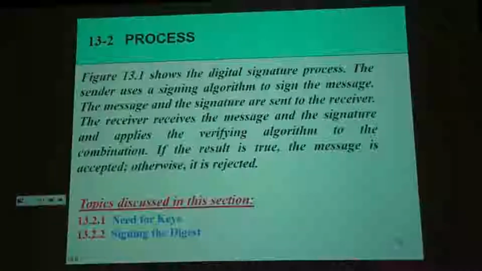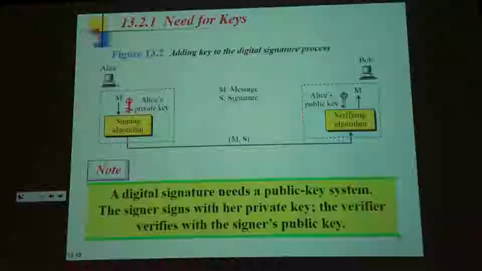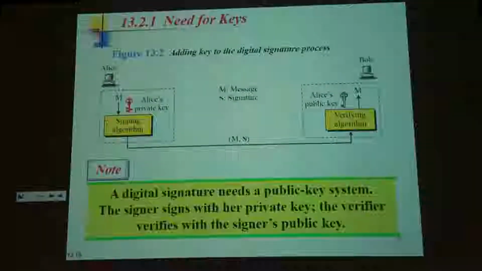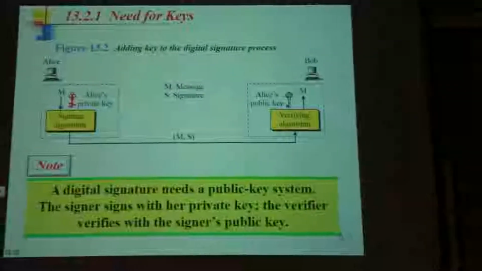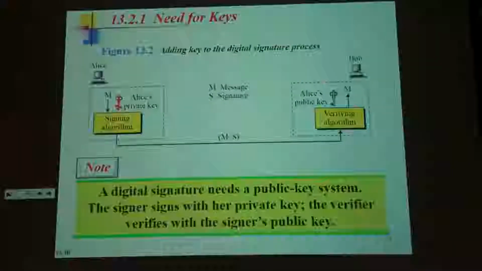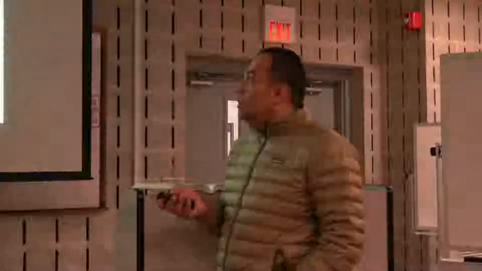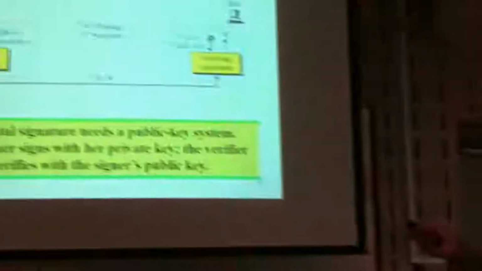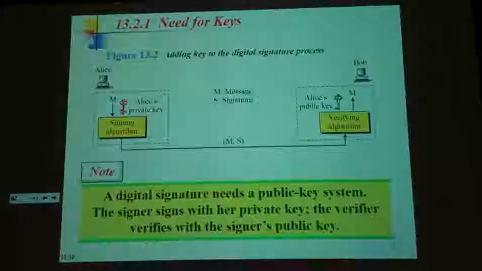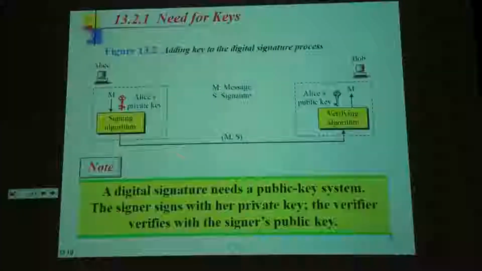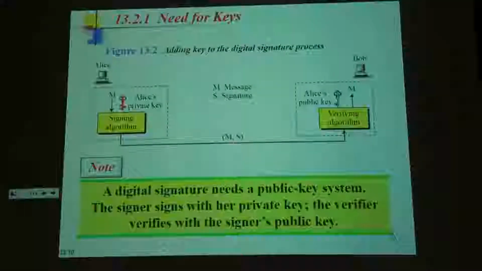How do we do that? We need keys for that. So, adding keys to the digital signature process, you have the message, and you have Alice's private key. The only person who knows the private key is Alice, because it's her private key. So she will sign the message with the private key, and then send the signature with the message.